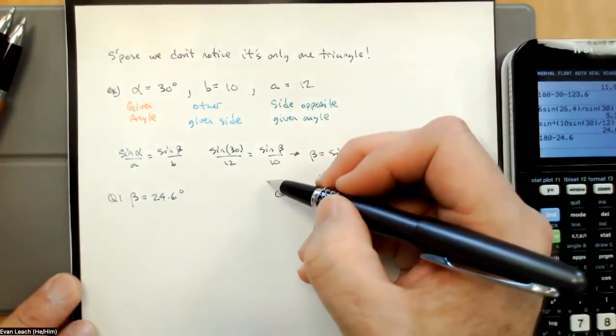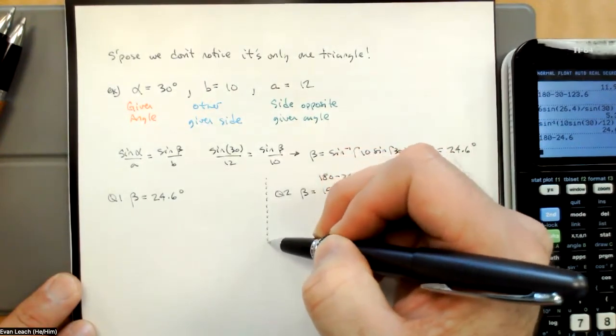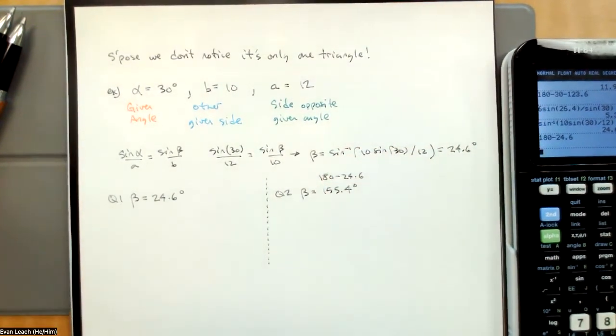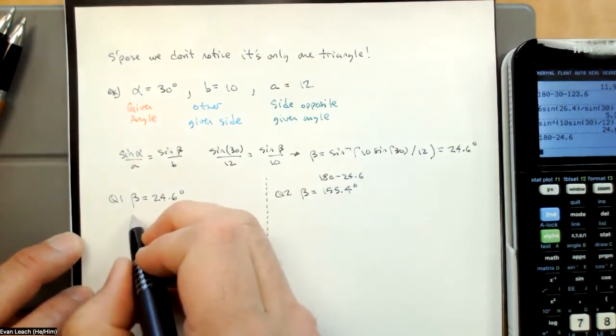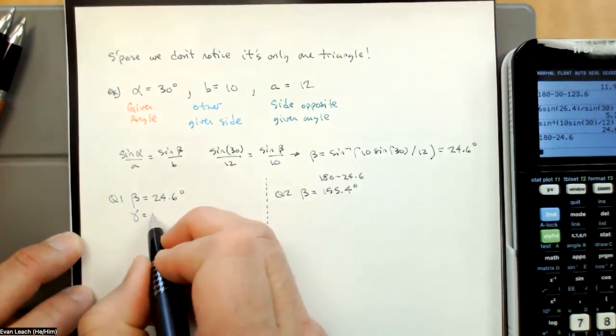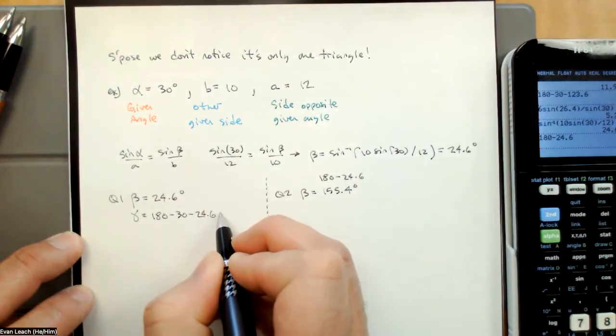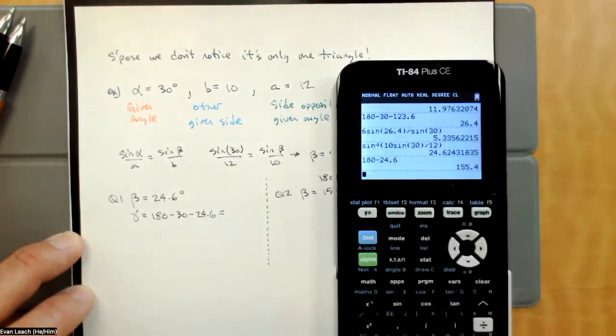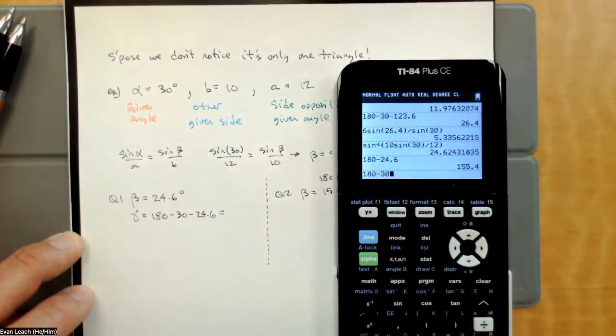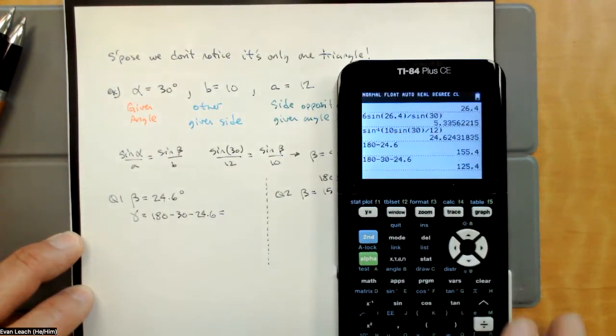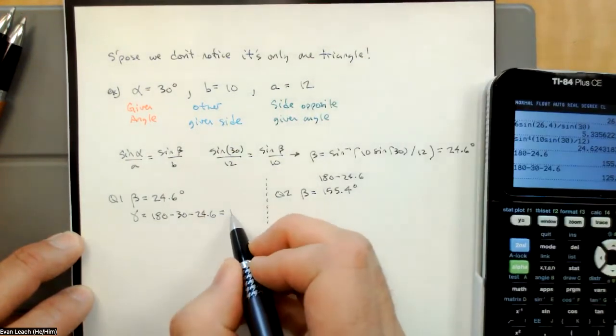So we split these, and we still haven't noticed that this is not a two triangles case. Now that on either side we have two angles, we automatically subtract to find the third angle. Once you have two angles, you subtract to find the third angle. So in this case, gamma is going to be 180 minus 30 minus 24.6, which is 125.4.